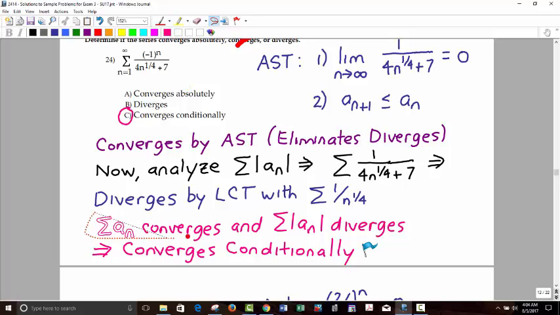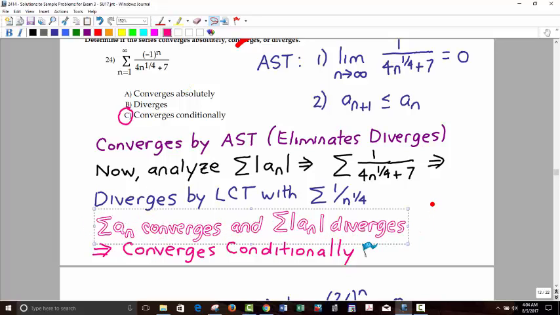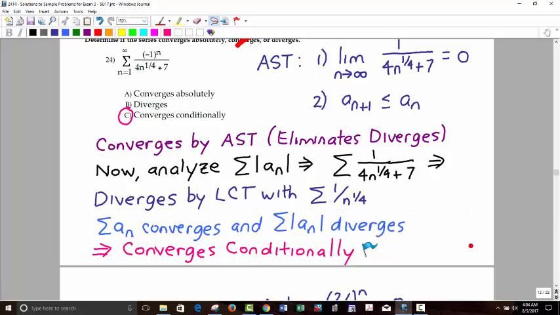What that phrase basically means, which you don't have to worry about that much, but I'll tell you anyway, is that this series has to have the negative 1 to the n to converge, meaning it did not converge without it, with just the 1 itself.